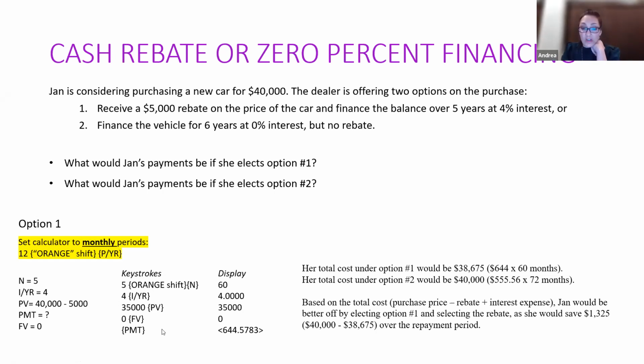So her total cost under option one is going to be $38,675, because you take $644 per month times 60 months. The total cost under option two is going to be $40,000 because there's no rebate and it's 0%. So she would be better off doing option one. You'll see something like that.